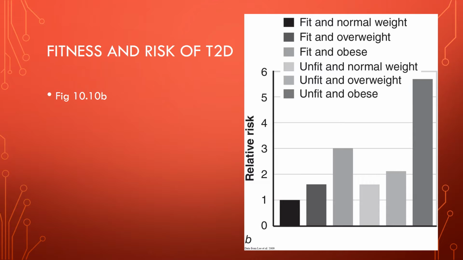But this group is obese as well, but being fit does protect them, certainly. This is interesting. In some of this data with fitness, you'll find that being fit is better even than being unfit and normal weight. But here you see fit, obese has a higher risk than unfit and normal weight and unfit and overweight.